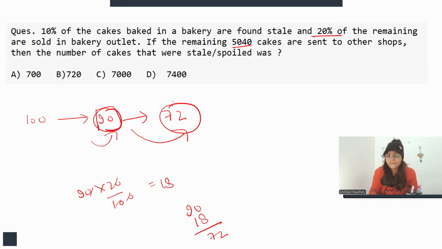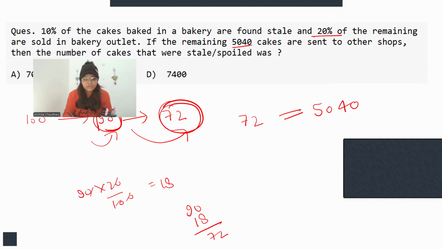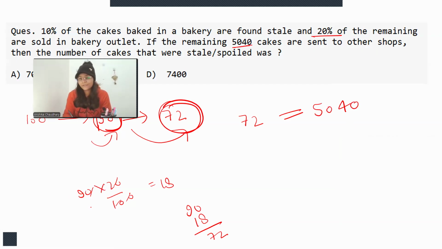Now, let's use the unitary method, right? So if 72 cakes equal 5040, one cake will be equal to 5040 upon 72.